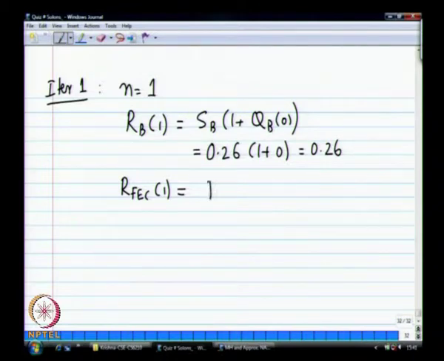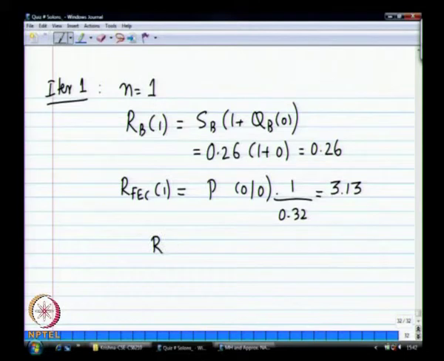So this is simply P0 into J, where J is 1, divided by 0.32. So that is your first iteration for which R is computed.